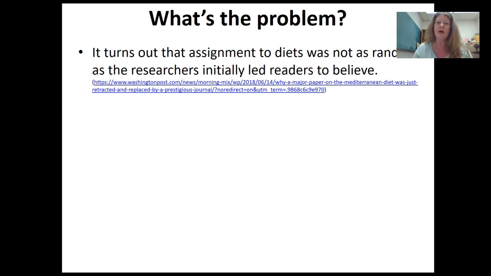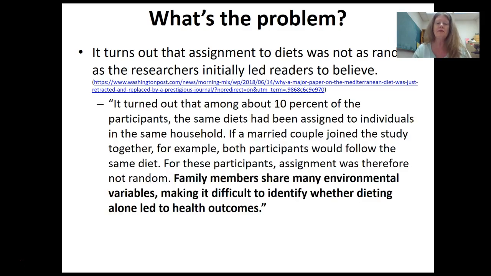There's a link here where you can read a little bit more about this study and the critiques of it. This is just a quick quote from the article, but they talk about the fact that people in the same household were sometimes assigned to the same diets. There was one case where a whole village was assigned to have the same diet.